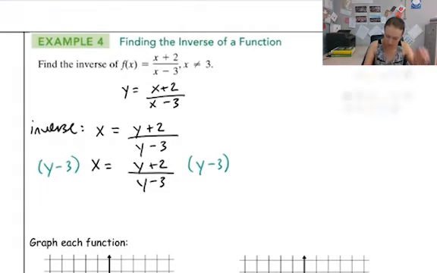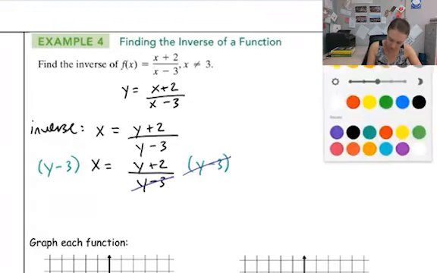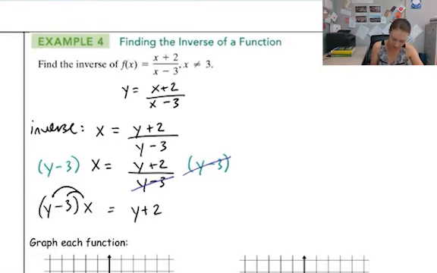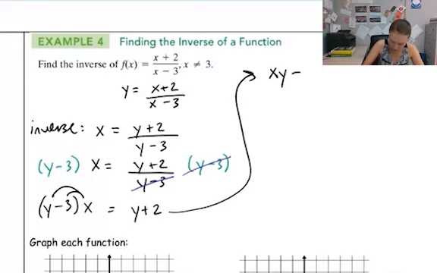So in doing that, I'm canceling out the denominator on that side of the equation and in a sense moving it to the other side. So now I have y minus 3 times x equals y plus 2. I can distribute this x in. I get xy minus 3x equals y plus 2.